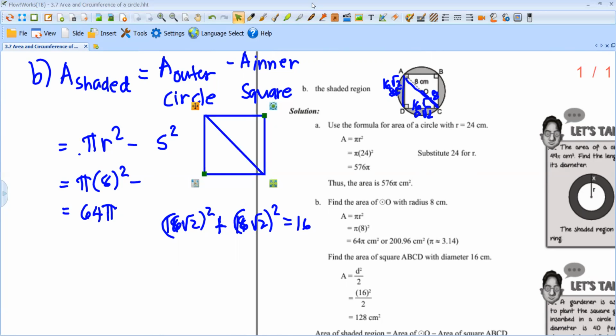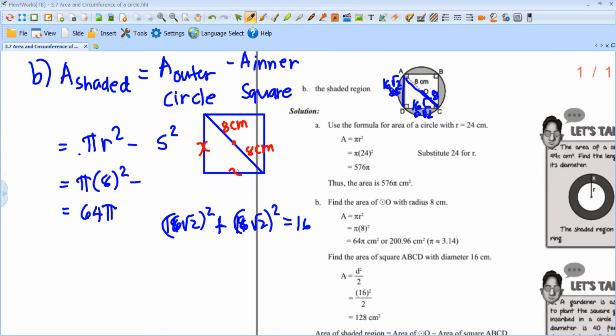All right. So this is only 8 centimeters, right? This is also another 8 centimeters. So if this is the diagonal, then let us try to get the value first of the side.